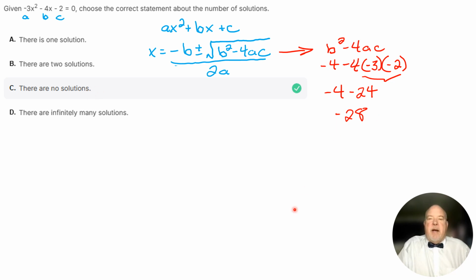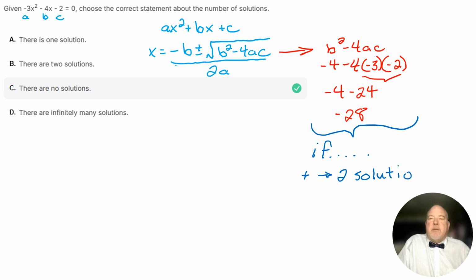Now, if this was a positive number, so maybe I should write this out. So let's see, this whole piece here, if this was positive, then that would mean that there were two solutions. Two solutions. Because when you take the square root of something, you actually get two answers.